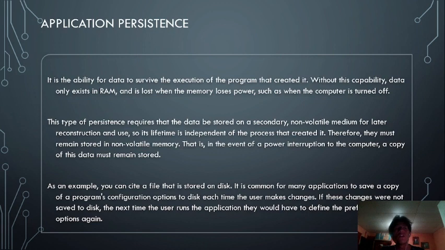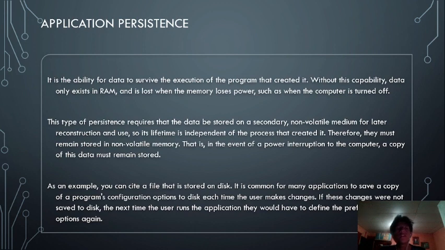This type of persistence requires that the data be stored on a secondary, non-volatile medium for later reconstruction and use, so its lifetime is independent of the process that created it.